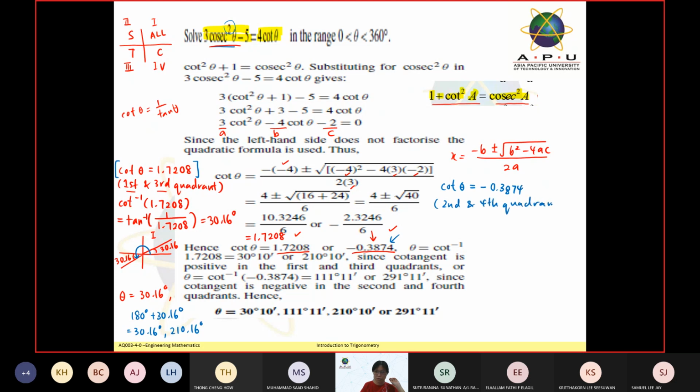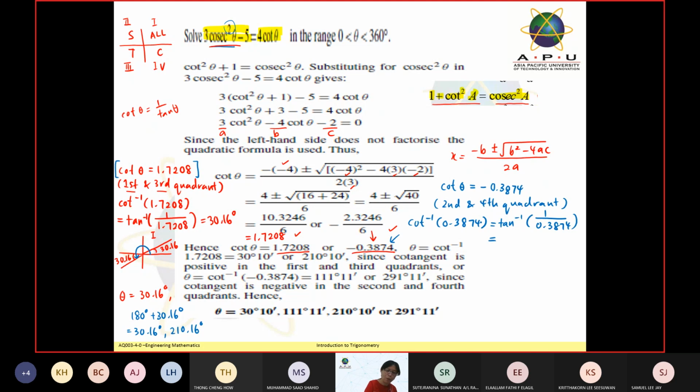When we find the arc cotangent for the value, I don't take the negative sign. So I find arc cotangent of 0.3874, which equals arc tangent of 1 over 0.3874.